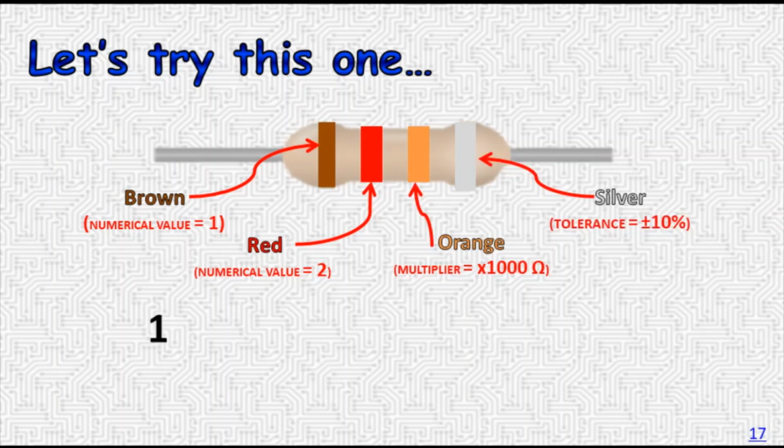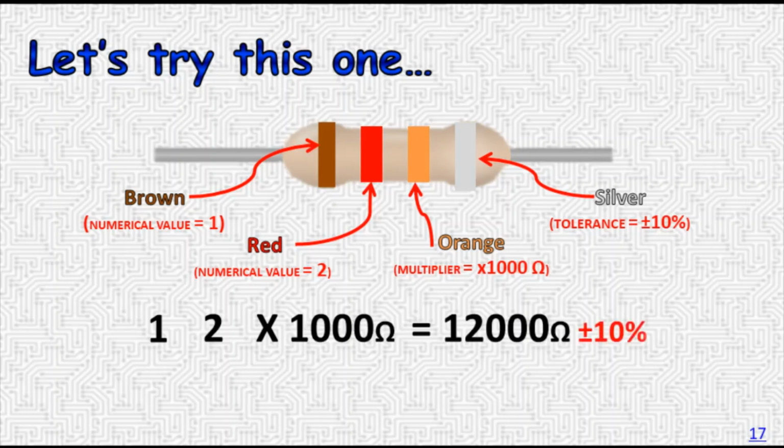So paano siya? Brown 1, red is 2, times 1,000 is equivalent to 12,000 ohms, positive, negative 10%. Notice the number of zeros na meron. 1, 2, 3 sa multiplier na 1,000. And then sa equivalent value niya na 12,000 is 1, 2, 3, 0 also.